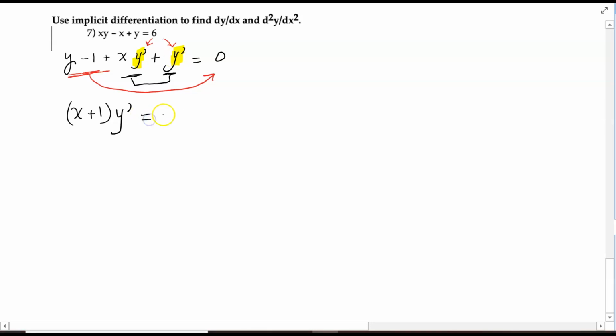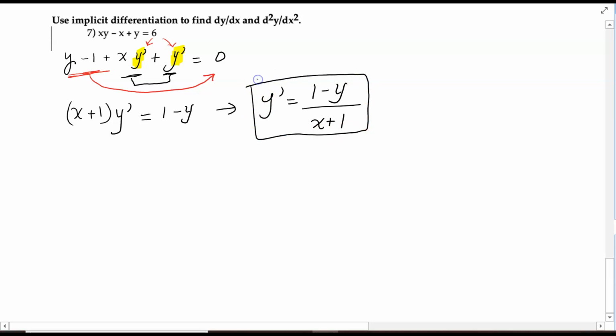You set it equal to, suppose you have a positive 1 and a negative y, and it looks just like that. And so now it's really easy to find y prime. Y prime is just going to be 1 minus y all divided by x plus 1, just like that. And there's nothing to it. We've already found the first derivative.